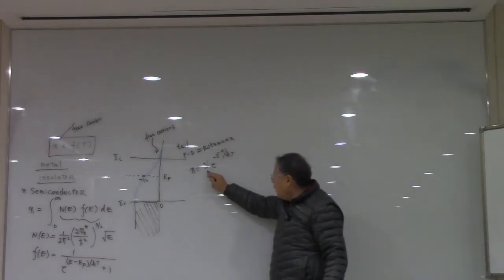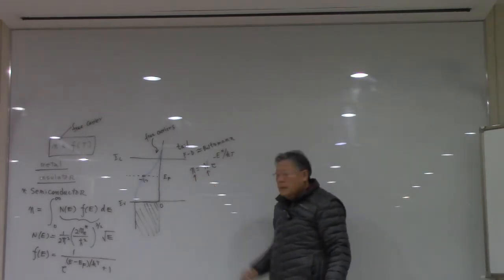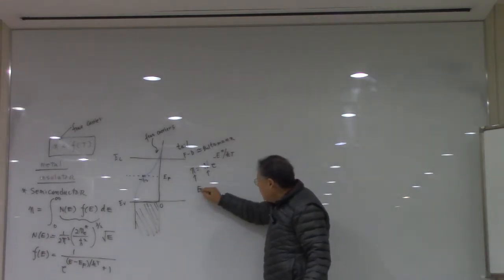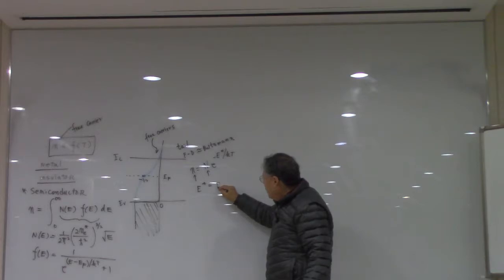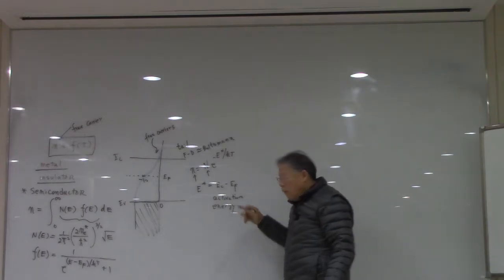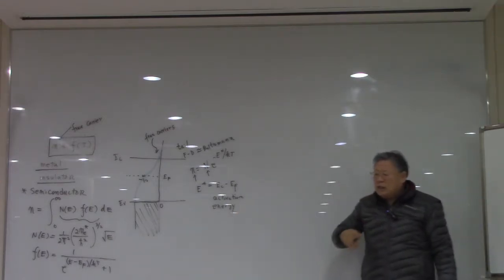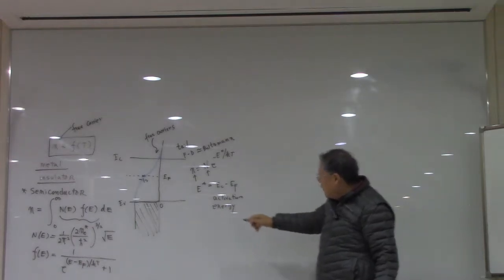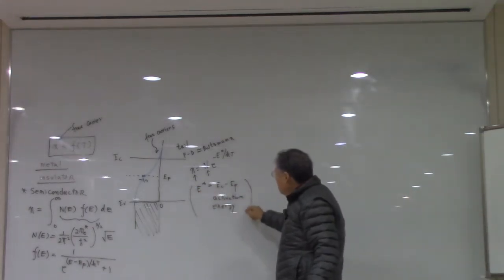Available states and then successful electrons in the conduction band. And so naturally the E star is going to be E_C minus E_F, the activation energy for electrons to be excited to the conduction band. That is the activation energy.